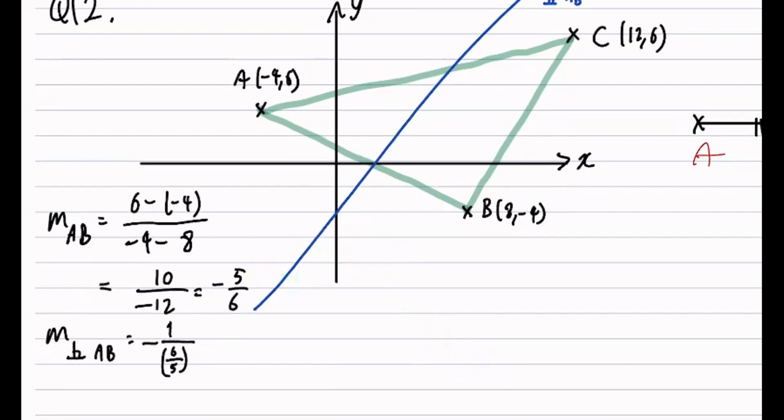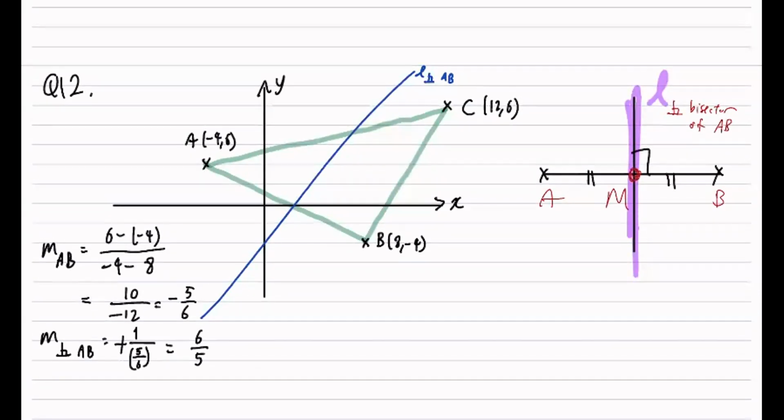So just do it in your head. Times -1, minus becomes positive, flip, then it becomes 6 over 5. Sorry, it should be 5 over 6 first. 5 on top, 6 below, then after you flip it, it becomes 6 over 5, and it should be positive now. So 6 over 5 is the gradient of the perpendicular L perpendicular AB.